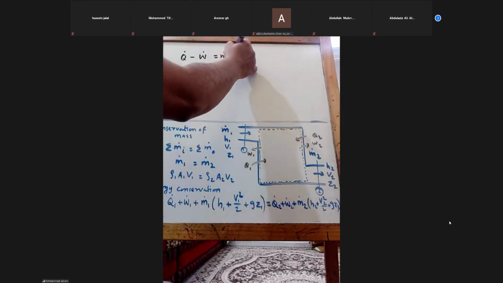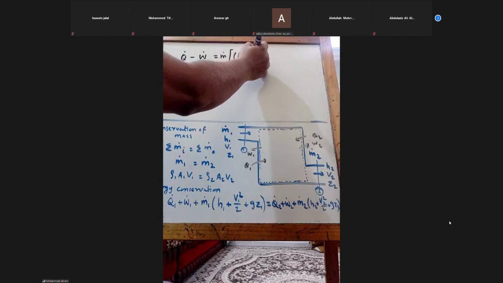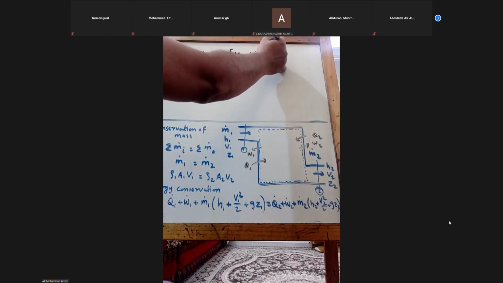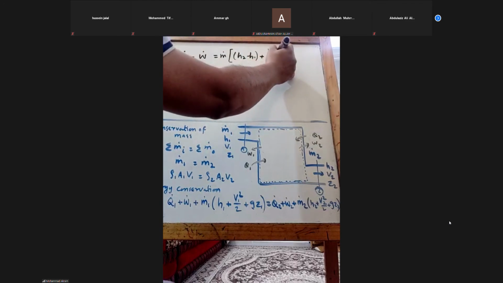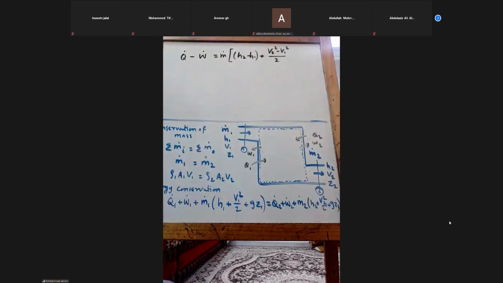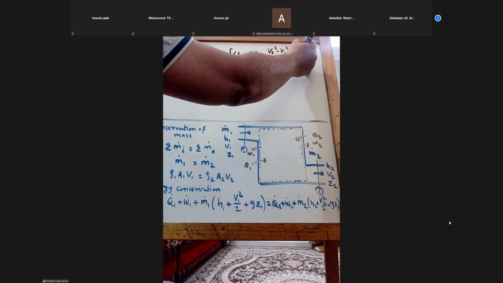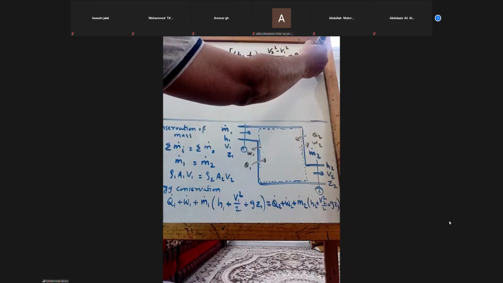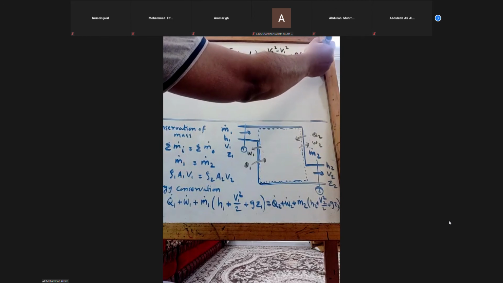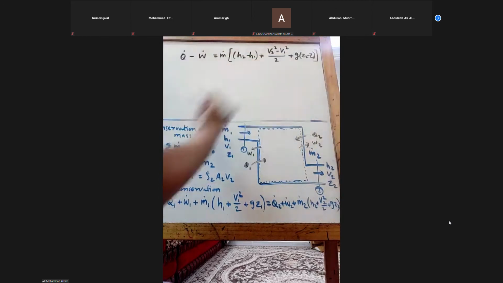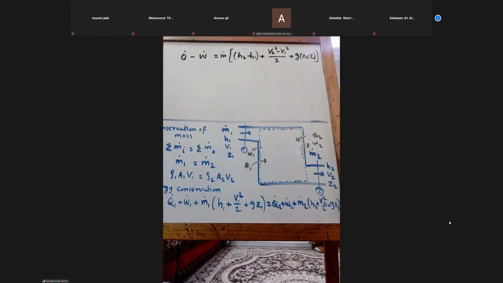H2 minus H1 plus V2 square minus V1 square by 2 plus g times Z2 minus Z1. So this is the very general equation for the first law of thermodynamics for flow problems or flow systems.